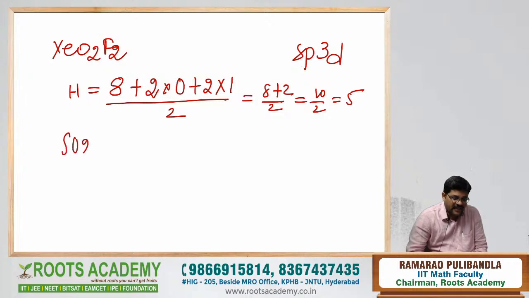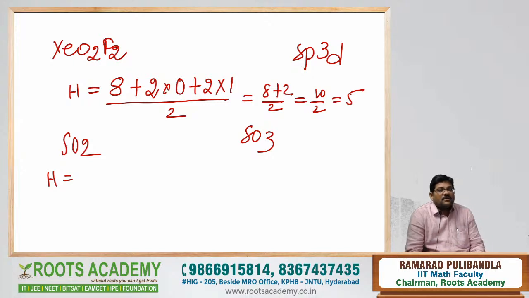Sulfur dioxide gas and sulfur trioxide gas, you are very well known. In sulfur dioxide, hybridization H is equal to... Sulfur belongs to which group? Sulfur belongs to the sister group of elements: oxygen, sulfur, selenium, tellurium, polonium are examples of the sister group.